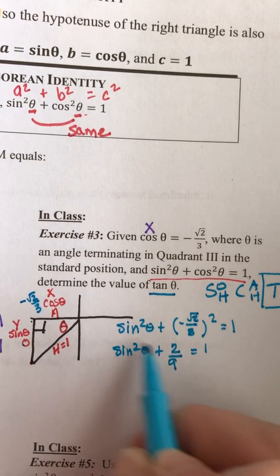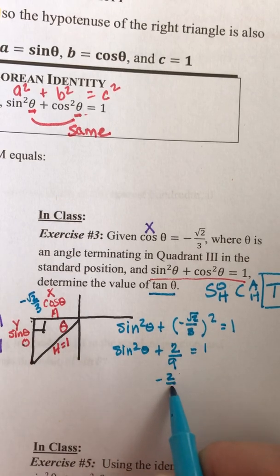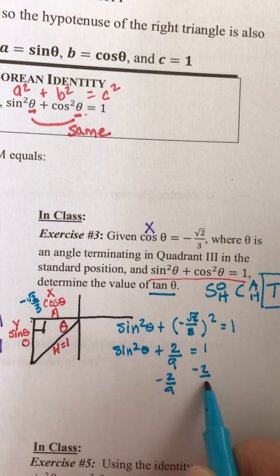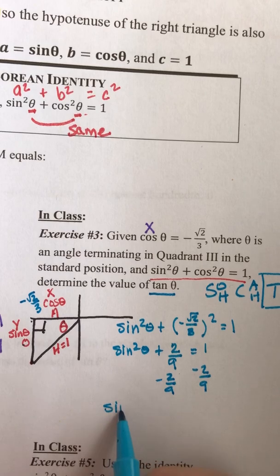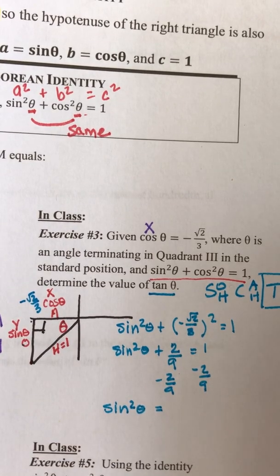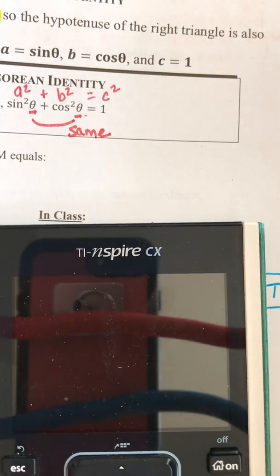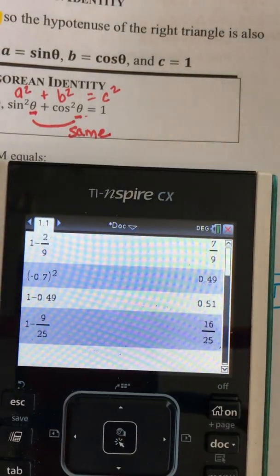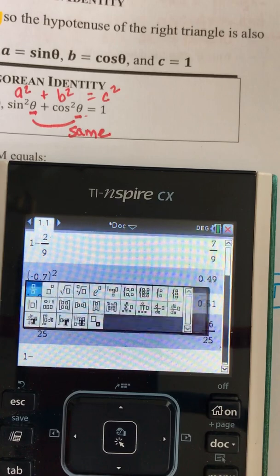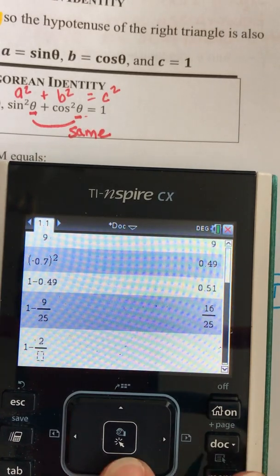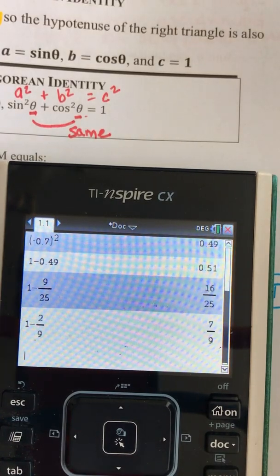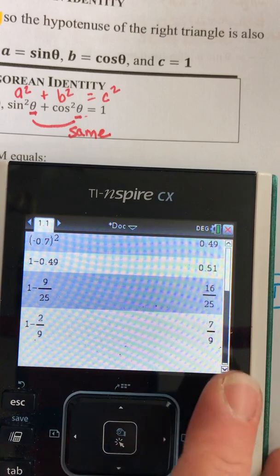I'm going to get sine all by itself, so I'm going to subtract the 2 over 9. So I have sine squared of theta equals 1 minus the fraction 2 over 9. Definitely something I'm going to use my calculator for. 1 minus the fraction 2 over 9 is 7 over 9.